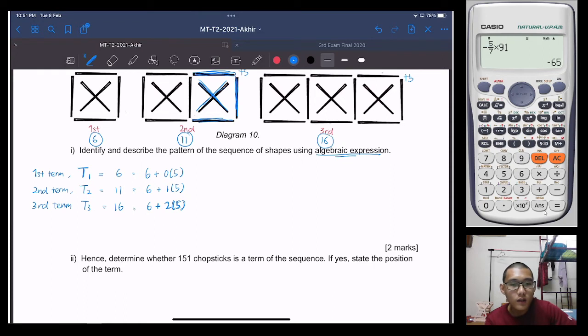We say there's a structure for this algebra expression. Okay, so in general, how do we build out the general term, let's say Tn? So Tn is how you build up. So let's see this n.